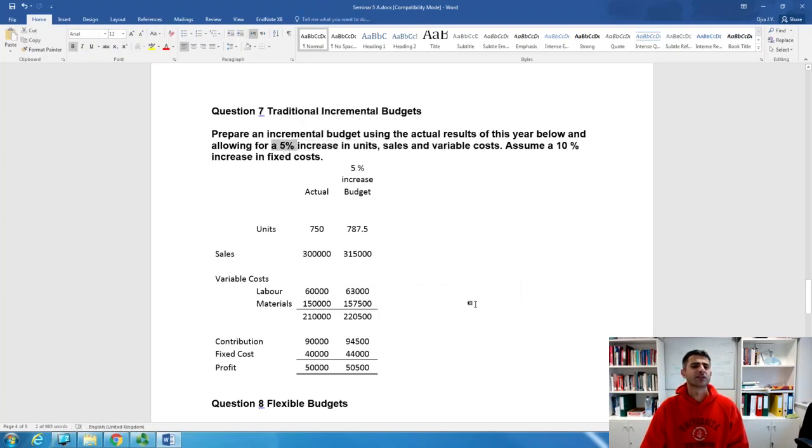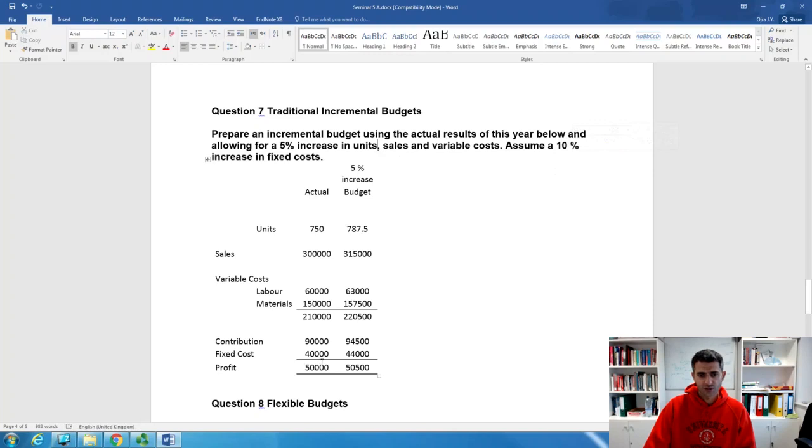Contribution, of course, is sales minus total variable cost. And in terms of fixed cost, it is 10%. If you look at the question here, assume it's a 10% increase in fixed cost, not 5%.